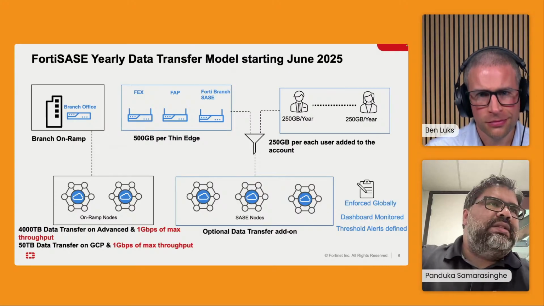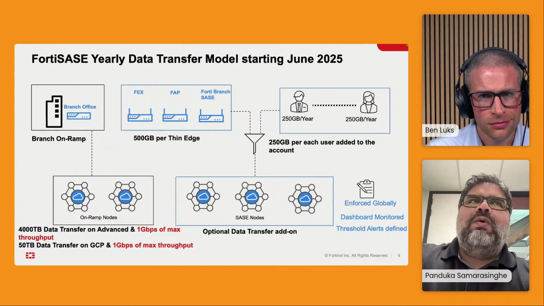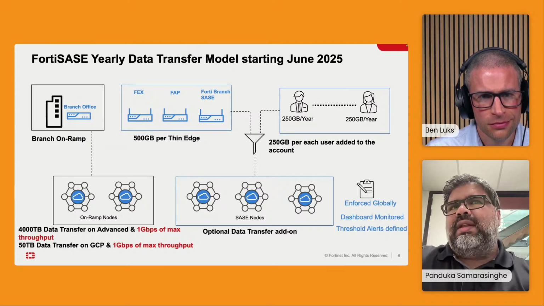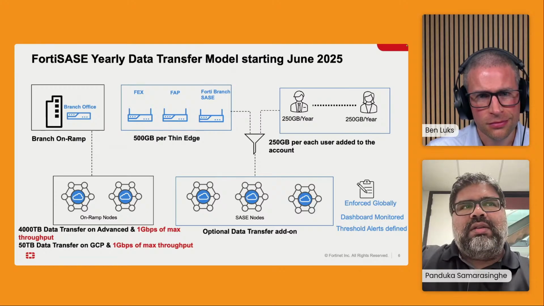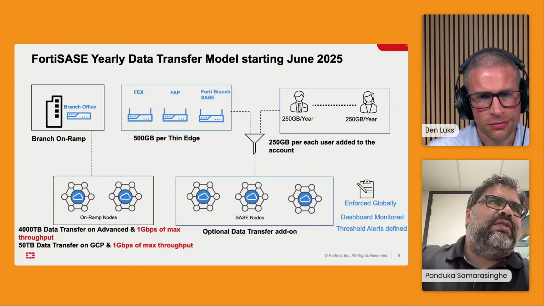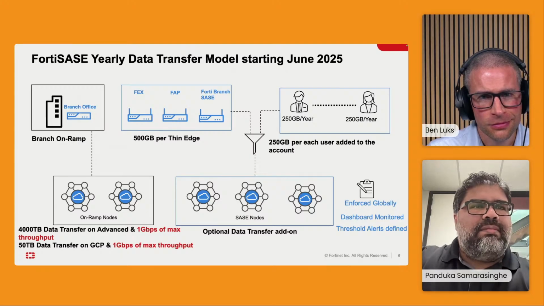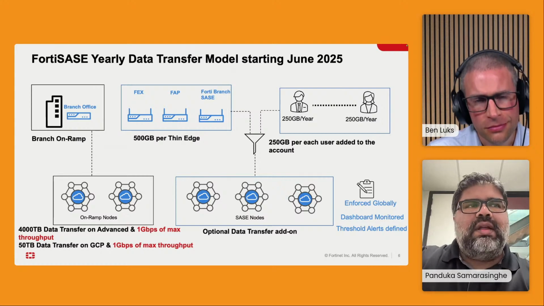And then the last one is the branch on-ramp. So this is where you have thick branches, campus level branches, which can connect to SASE either via a FortiGate or any other device that can terminate an IPsec tunnel. Now, this is the one where we shift a little bit, right? So while the other ones didn't have any bandwidth limitations, this one, the branch on-ramp, has a bandwidth limitation, which is 1 gigabits per second of max throughput, depending on the license, right?